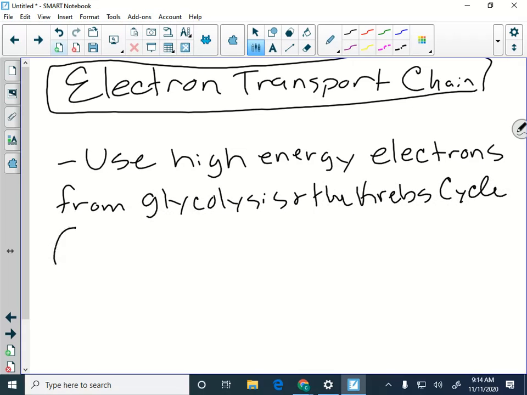These are in the forms of NADH and FADH2.